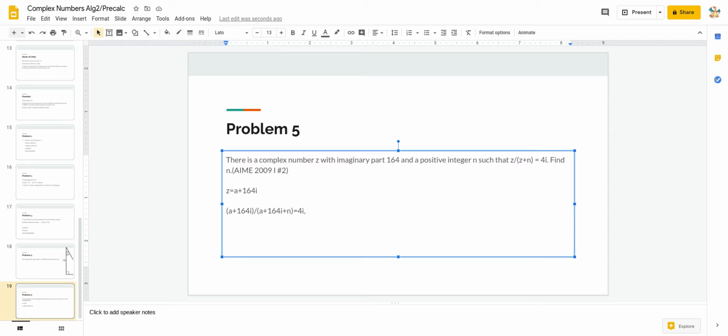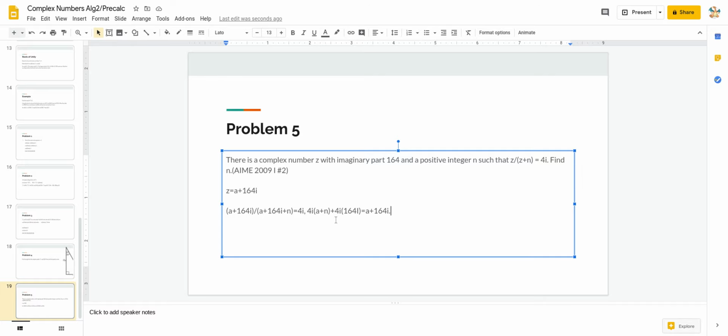So you write it like this: 4i times a plus n, and then plus 4i times 164i, and this is equal to a plus 164i. You get that, right?